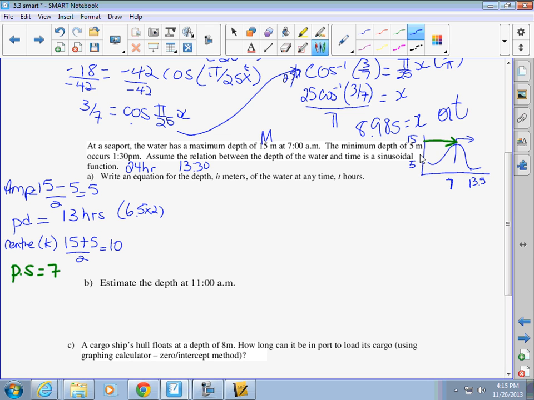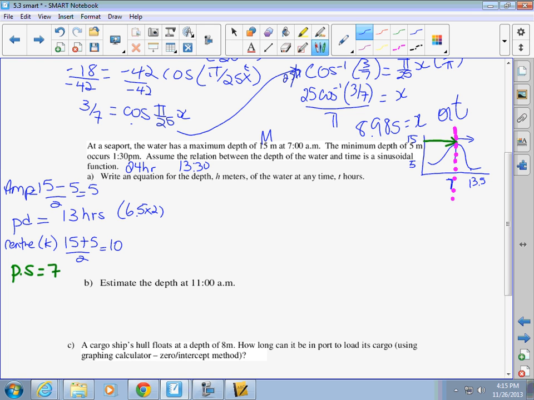So based on this information, we can figure out where we're going to go with our function. If our phase shift is starting here, what kind of function is that? Well, when we start up, that up value means that we have a cos function.